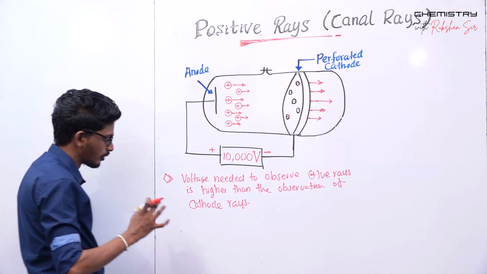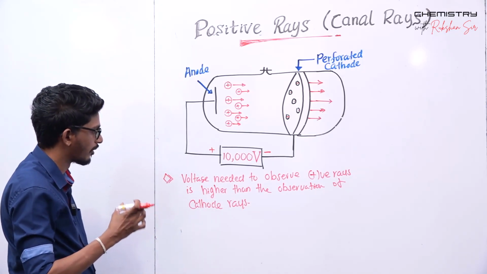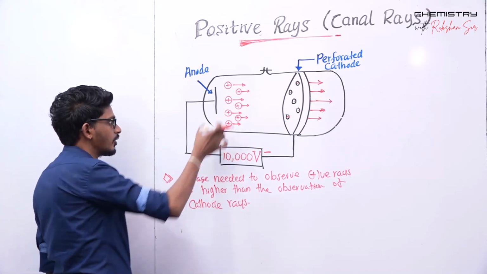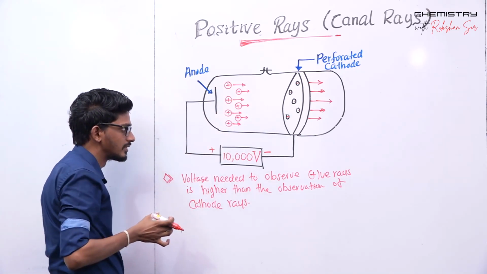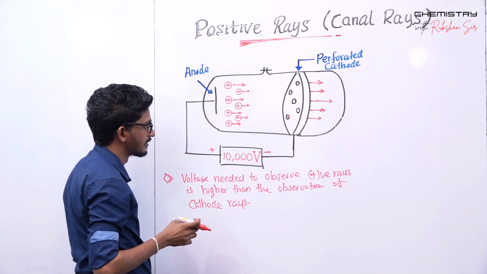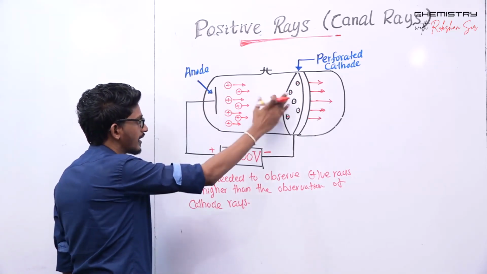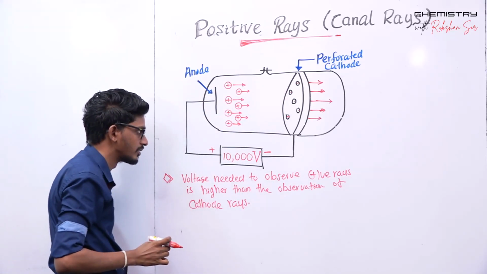The anode rays or positive rays actually originate from the gas inside the tube. Those are not electrons. Those are gas particles. They are not originated from the anode or the cathode, but from the gas inside the tube.